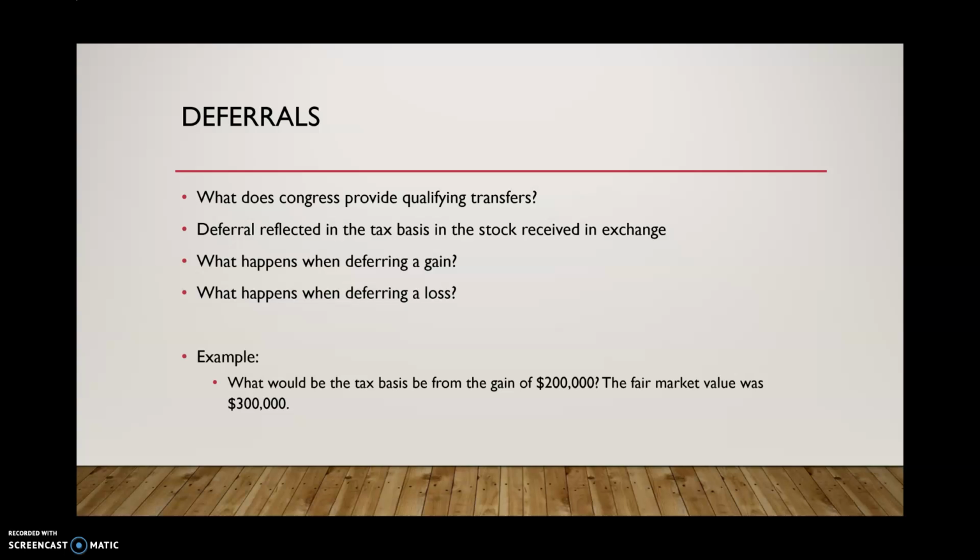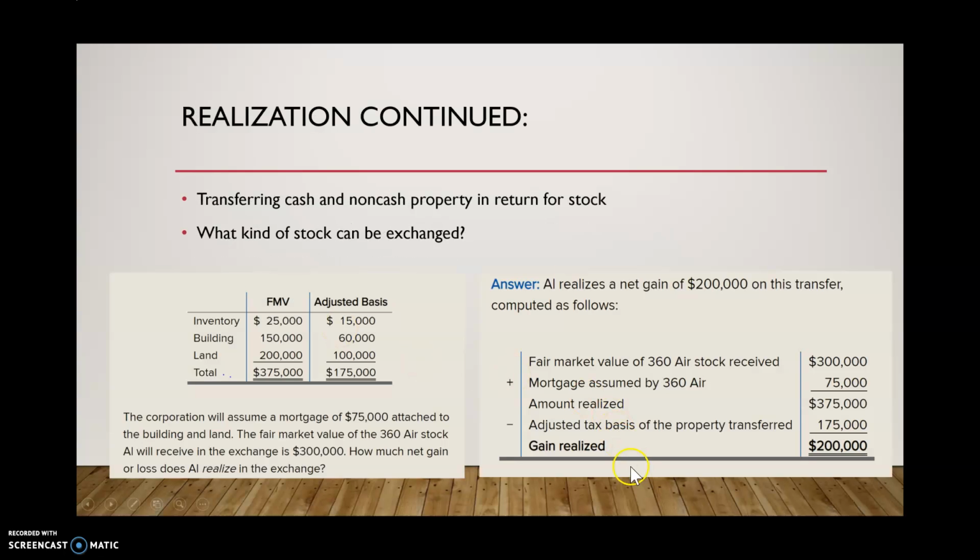So my ownership of that property is now going to be stock instead. So I still have an ownership in the corporation. The exchange of stock received from transferring property that can be a gain or loss deferred is reflected in our tax basis. So right here, it says adjusted tax basis of the property transferred.